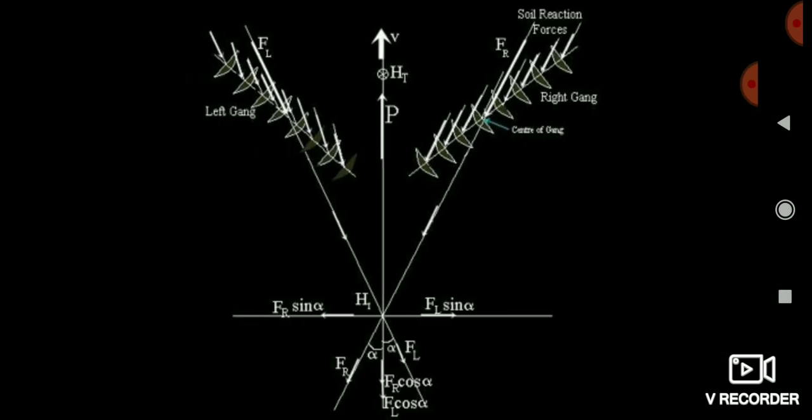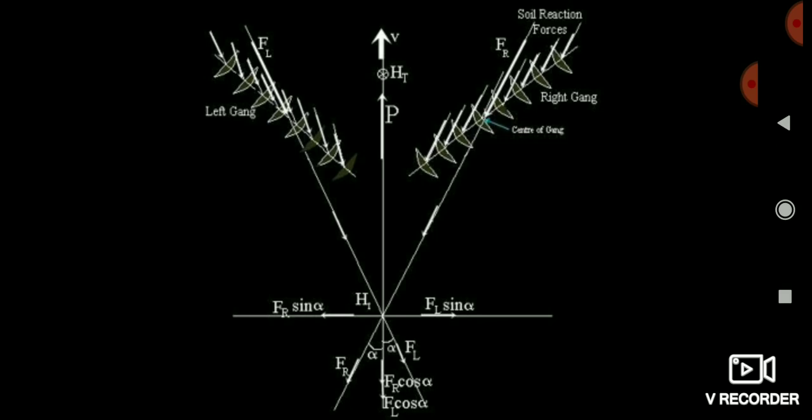Now friends, you see here the free body diagram of disc harrow. It is very important friends. If you are able to analyze the forces acting on disc harrow, then only you are able to solve the questions. Friends, here Fr is the soil reaction force acting on the right gang, and Fl is the soil reaction force acting on the left gang.